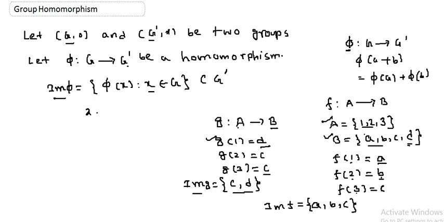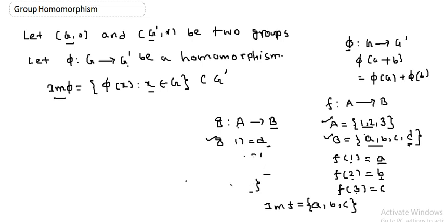So x is mapped to the point phi of x by this mapping phi, and we are taking the collection of all such values, all such images of the point x. That's why this is called the image of the function or the homomorphism phi. So what we're going to do is denote it by the notation.